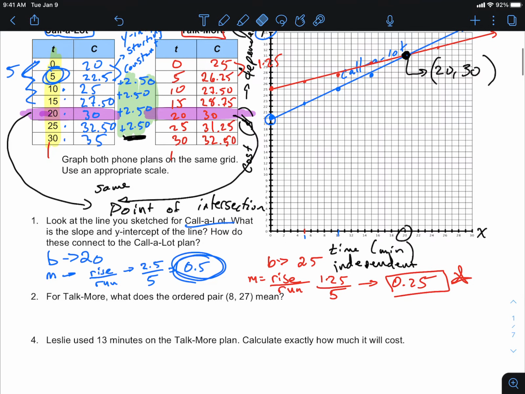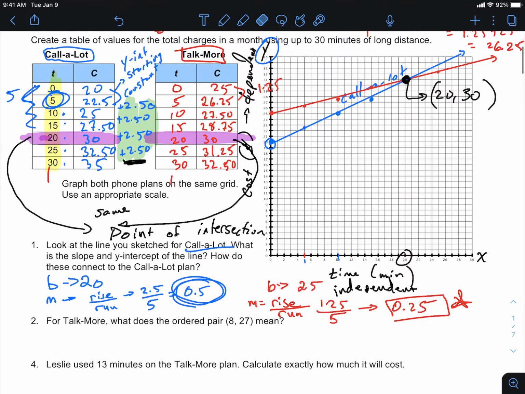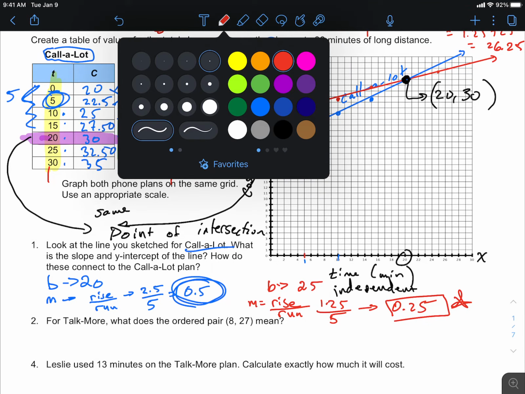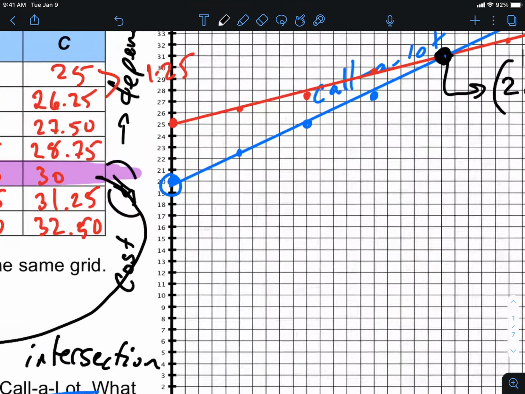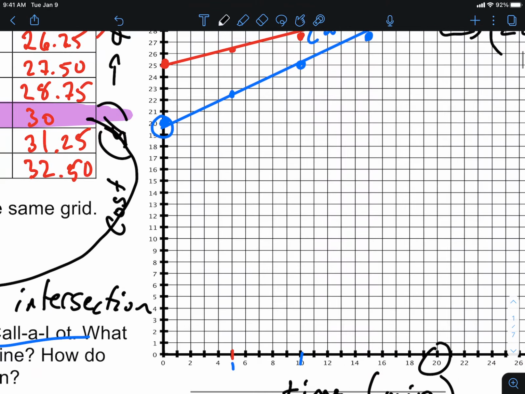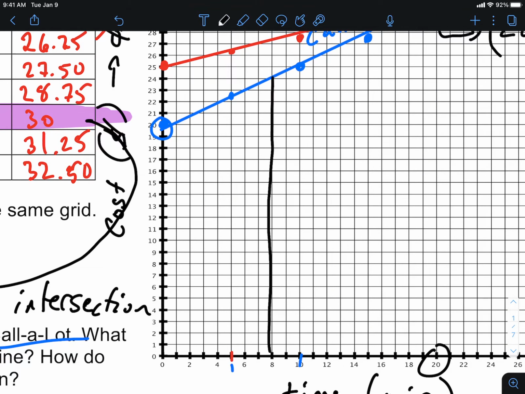What does the ordered pair 8 and 27 mean? Well, let's go find 8 and 27. Where'd it go? 8 and 27.